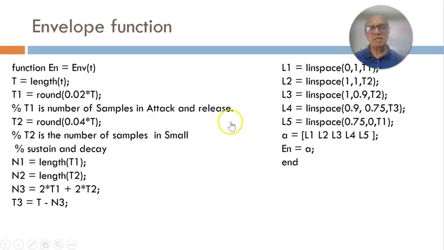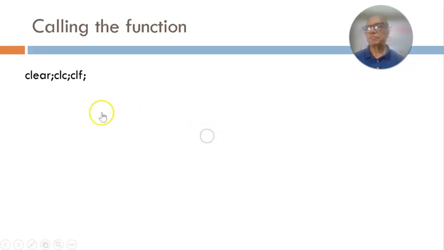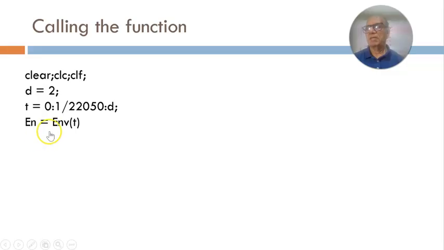So let us now study the main program which will call this function and then plot the envelope. So clear as usual, then d is equal to 2. So this is our duration of the envelope or duration of the note. Generate the t vector. Then you call the envelope function En. So En is now available and you just check that the length of t is same as the length of En.